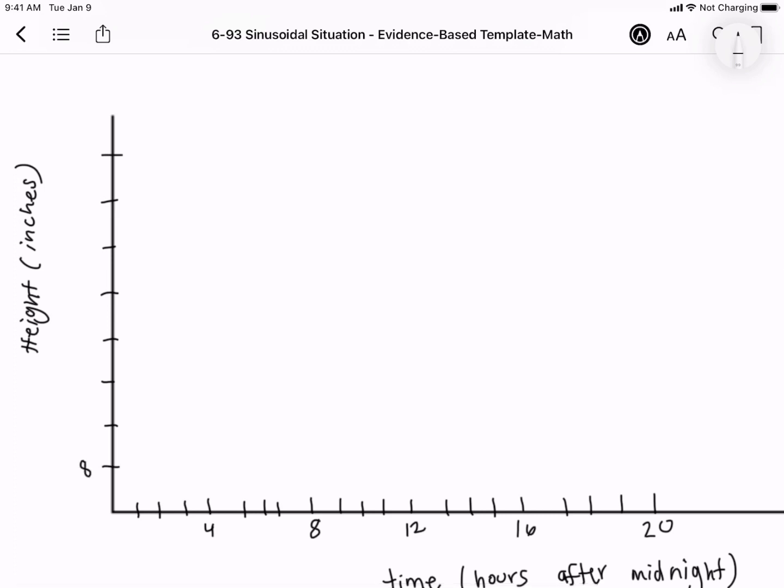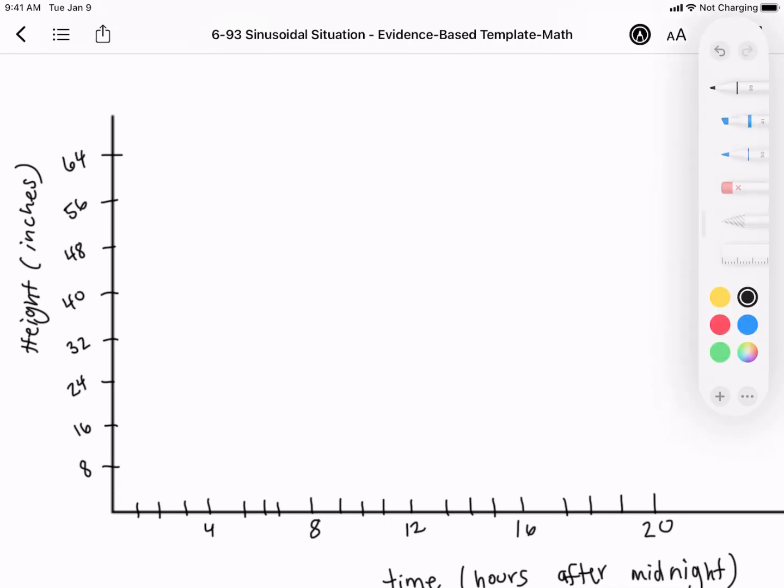So 8, 16, 24, 32, 40, 48, 56, 64. Yeah. And now let's plot our points.